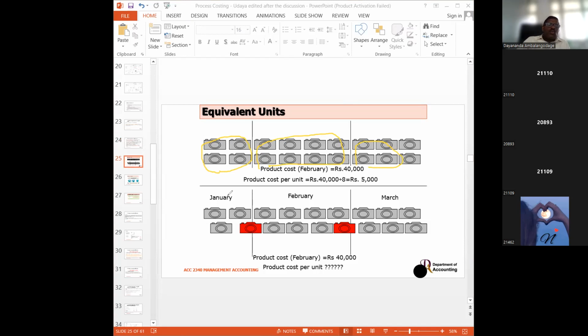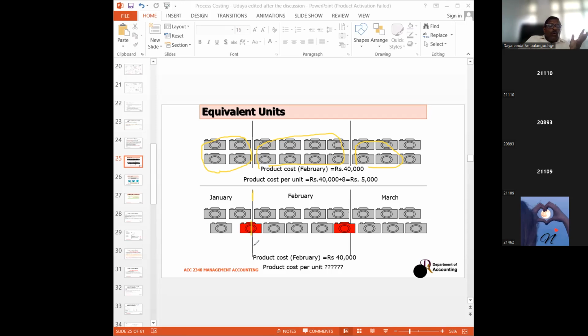But if you go to this diagram, say the January month, this is the period ending, and you see that a partly completed camera is there. This camera, what is in red, is completed at the end of January and the beginning of February. So at the end of January, you see 1 unit of work in progress, which means 1 camera.